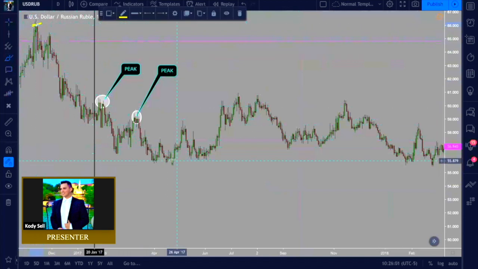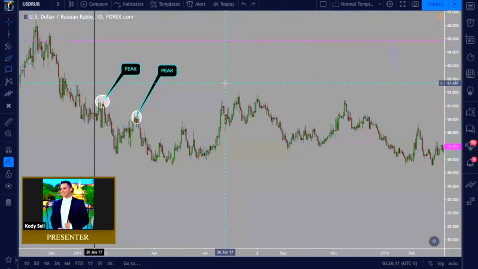If you look over on the right, we end up down here. You go from here to here, that's down. That's a bearish market. No need to overcomplicate it, okay? We're in a bearish market. In a bearish market, we're interested in trend lines on top of price. So here we are, and we're going to connect these two peaks to get our trend line.